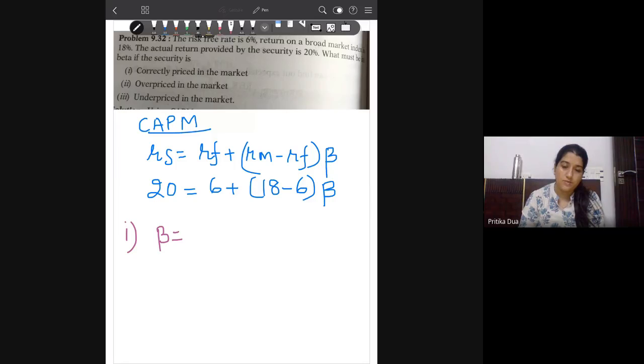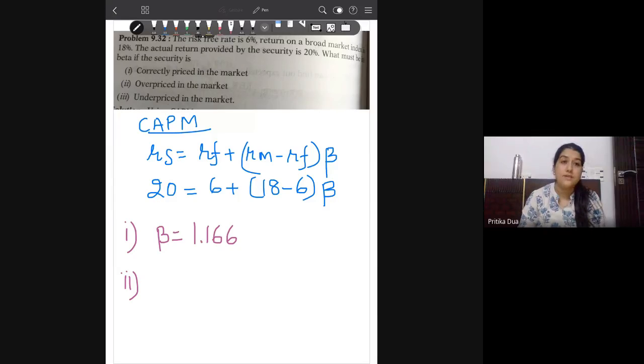Okay, so beta you're getting as 1.166 आ रहा है Ishita, so you can take it up to 3 decimal places. So for the security to lie on the capital market line, it should have a beta of 1.166. Okay.